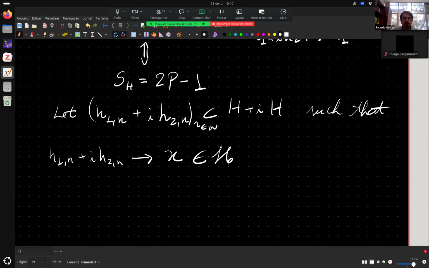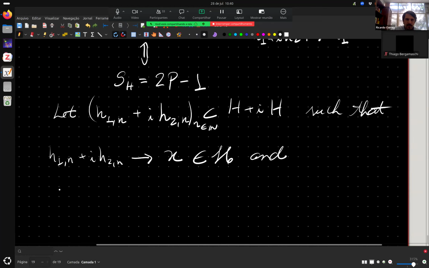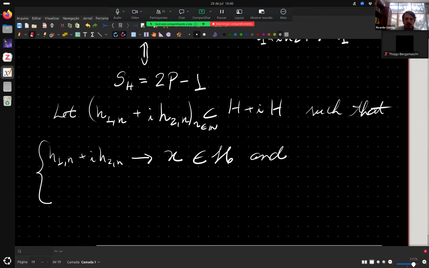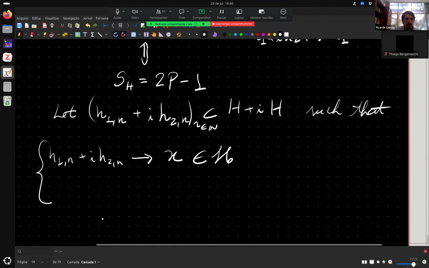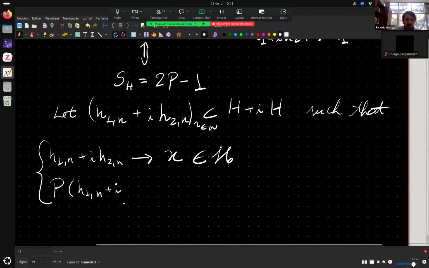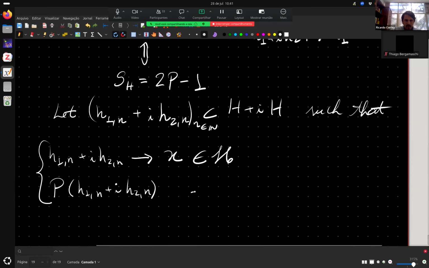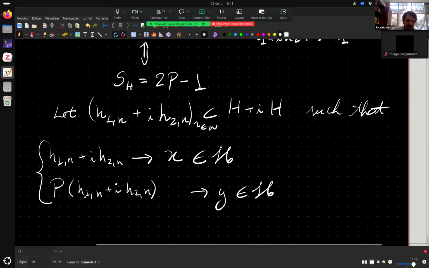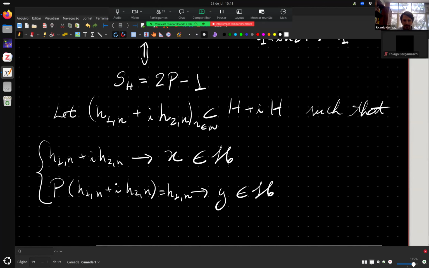Not sure where it lives. And I know that P of this thing also converges to some vector y belonging to H. But allow me to use the fact that I know what P does to this sequence. It just gives me h1n.